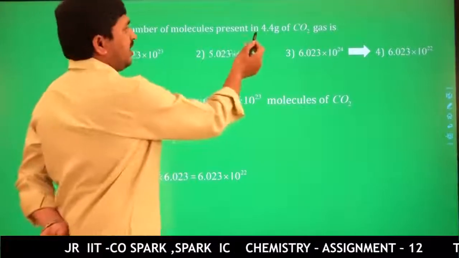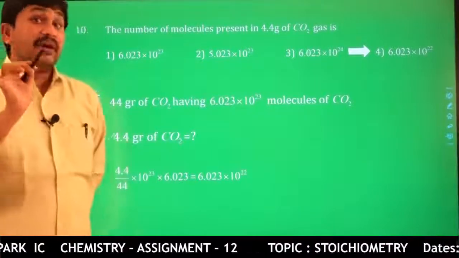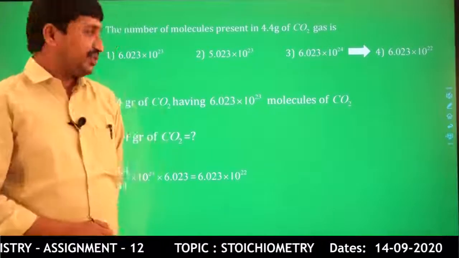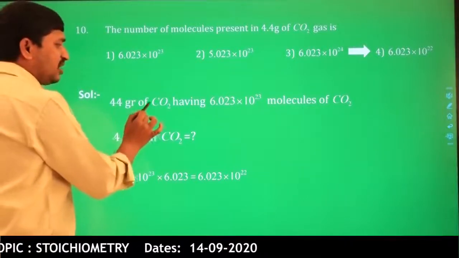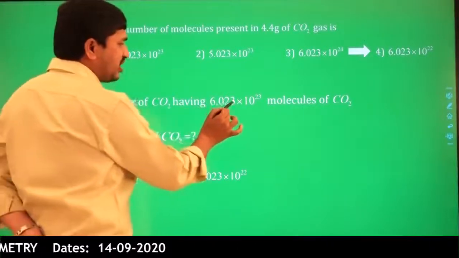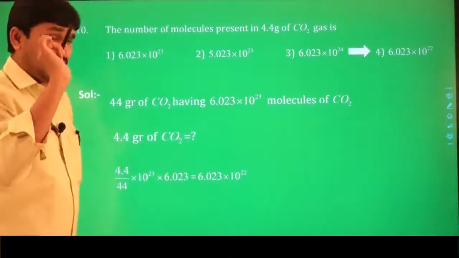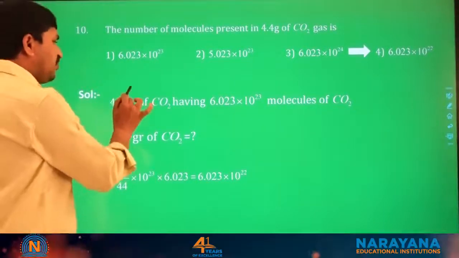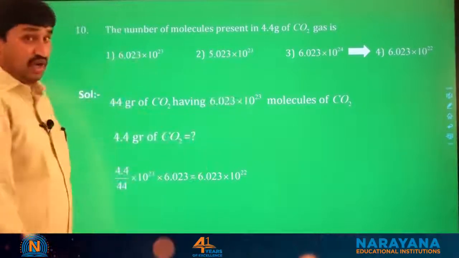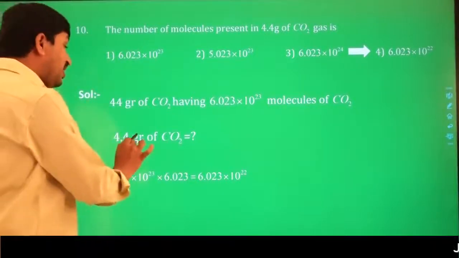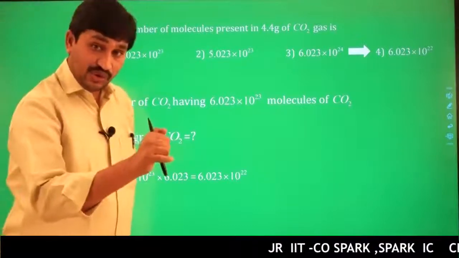Now, here he asked, 4.4 grams of CO2 contains how many molecules, that is the question. Got it? So, under STP condition 44 grams of CO2 has 6.023 into 10 power 23 molecules of CO2, that is 1 mole. Now, if 44 grams of CO2 has 6.023 into 10 power 23 molecules, then 4.4 grams of CO2 contains how many molecules?